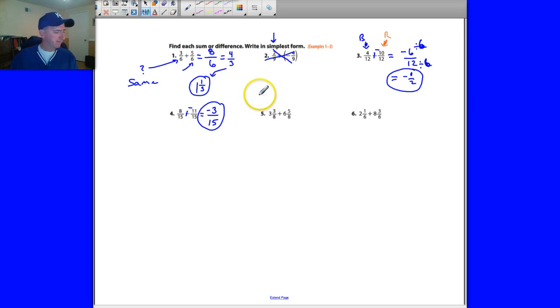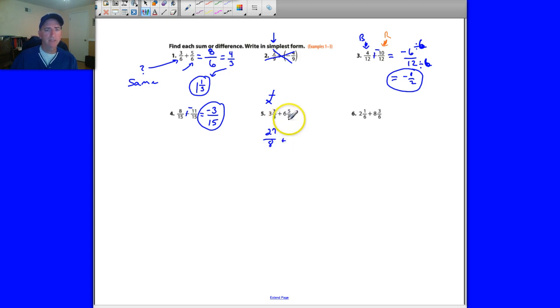All right, when we get into 5 and 6, it gets a little trickier because we have mixed numbers here, but we're going to do our check mark. Remember that? Multiply and add. Multiply 3 times 8, add 3. 24, 25, 26, 27. That's 27 over 8. You need to write all this down.